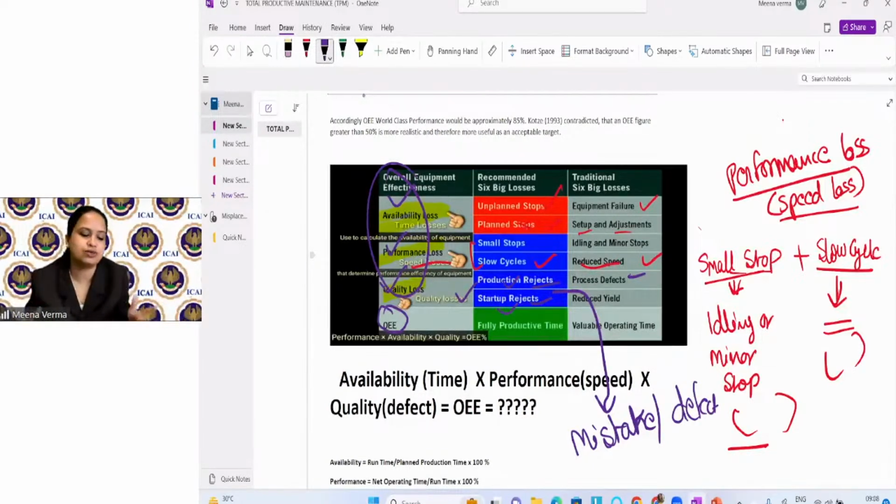Generally it will not happen if you have implemented a lean system or just-in-time system. It is possible to remove them completely from the organization. Reduced yield means output is reduced, as expected, you are not receiving the output. So these two will result in quality loss, right?